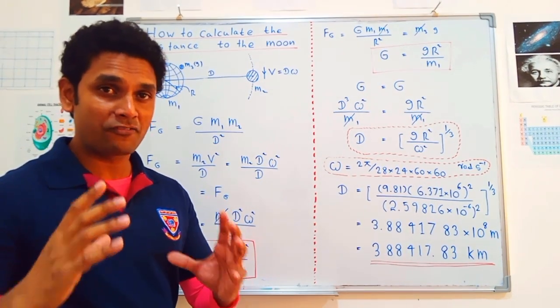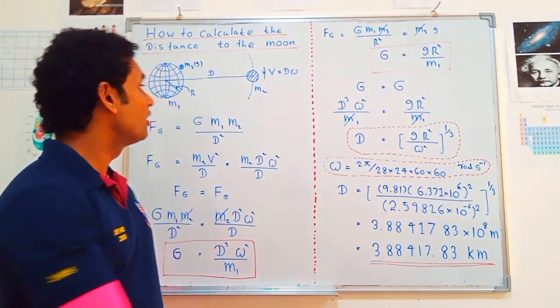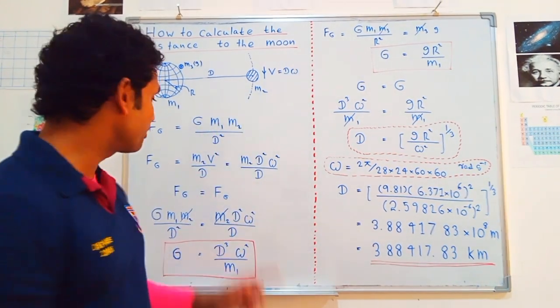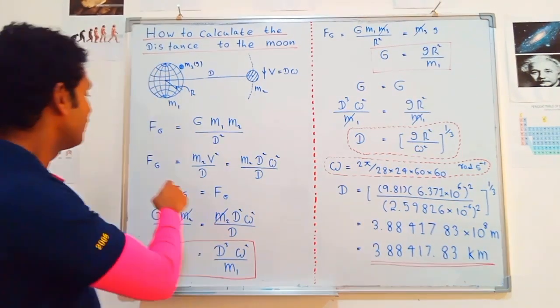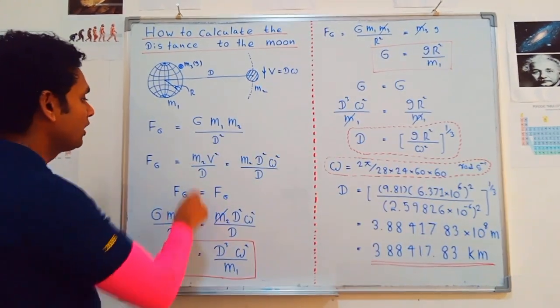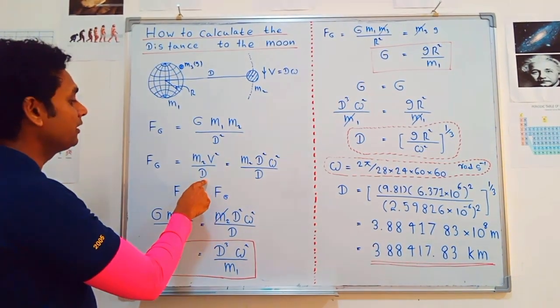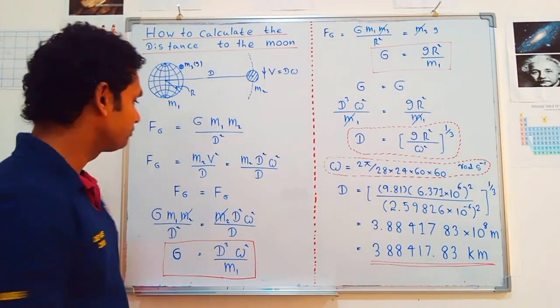That particular force is provided by the gravitational attraction Fg. That's why we are using it. And Fg is equal to m2, the mass of moon, times v square, the speed of the moon, divided by d, the distance of the moon.